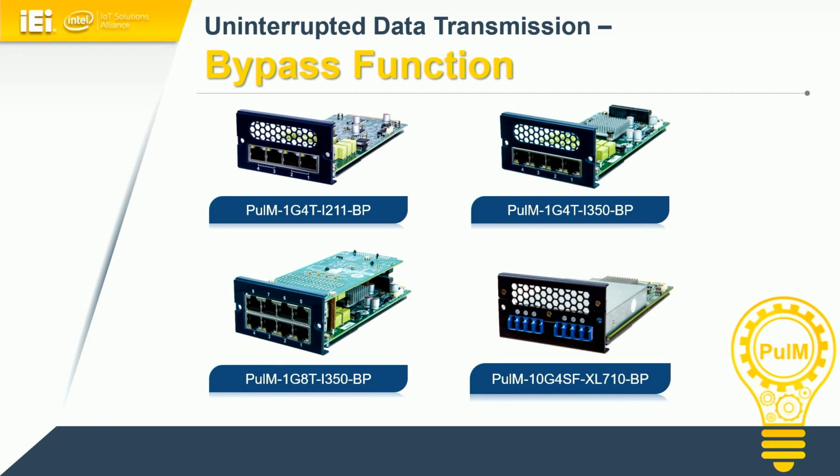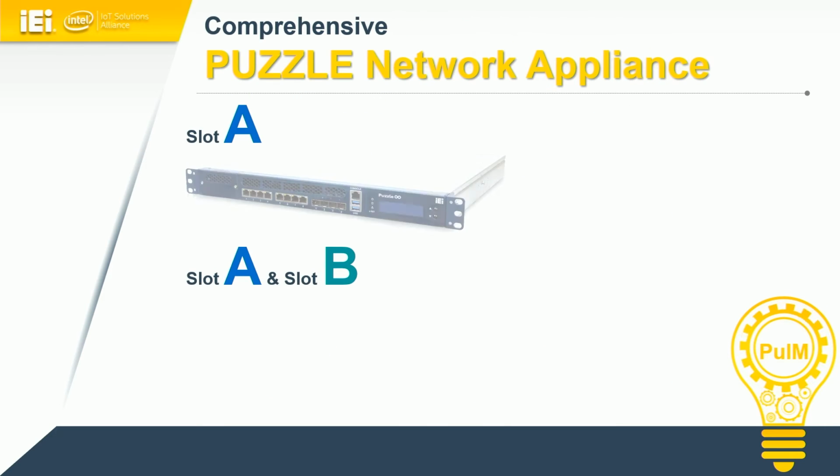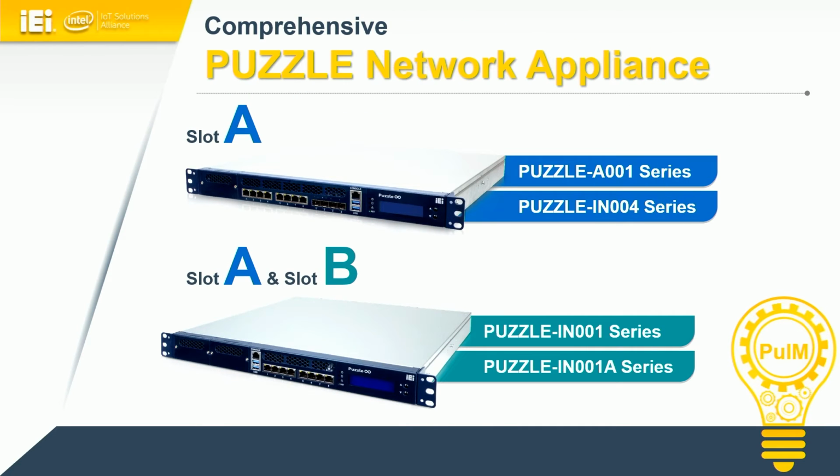Those modules can be installed in the IEI appliance series. The appliance IN001 or IN001A has two slots, which can install two PulM modules. The appliance A001 and the appliance IN004 can support one PulM module.